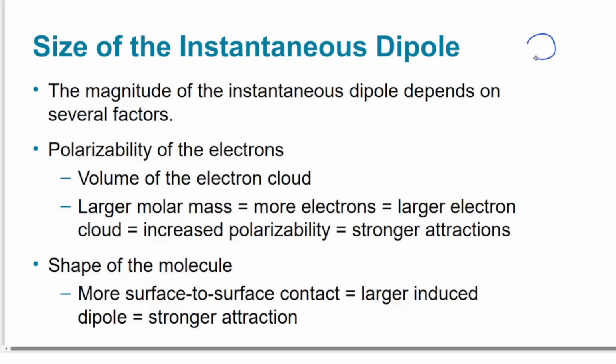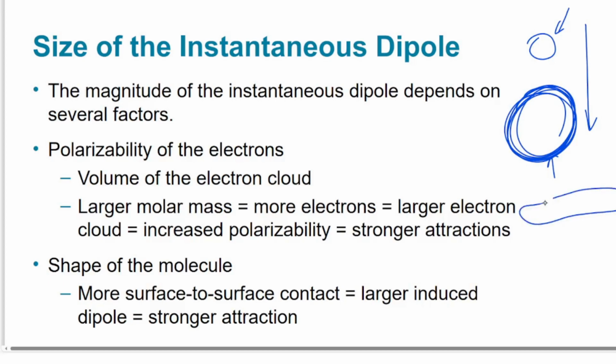So the larger the atom, meaning the further down on the periodic table, the more polarizable the atom is because it's going to have more electrons. And a larger atom compared to a smaller atom, all other factors being equal, will have a larger instantaneous dipole or van der Waals interaction.